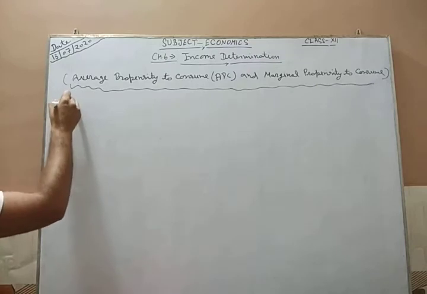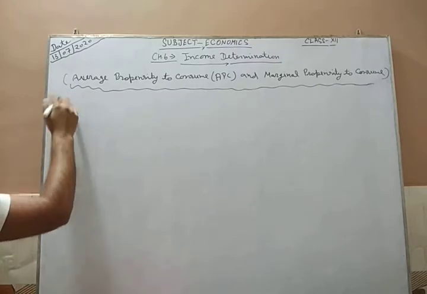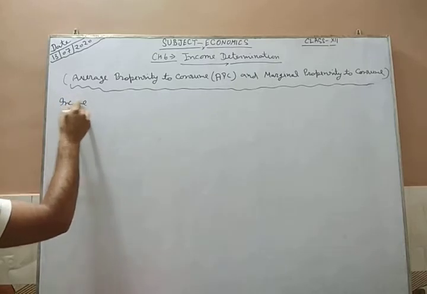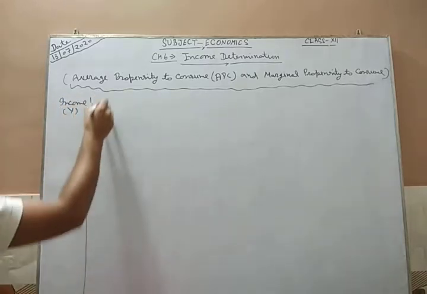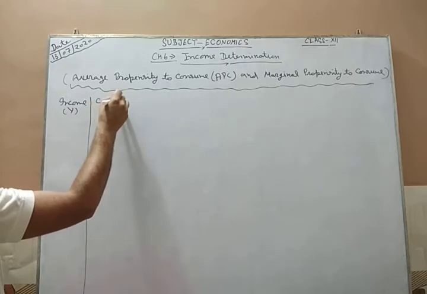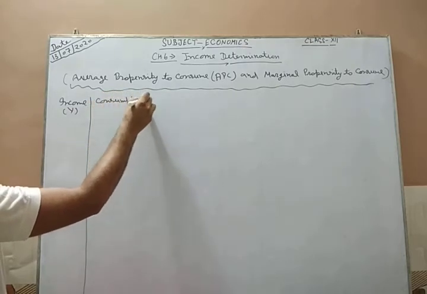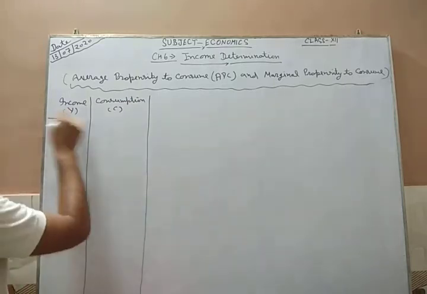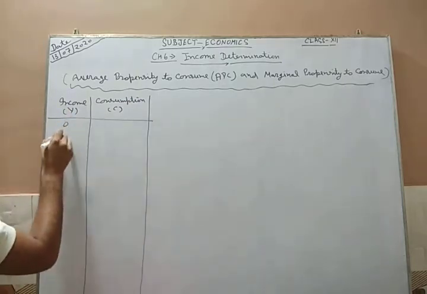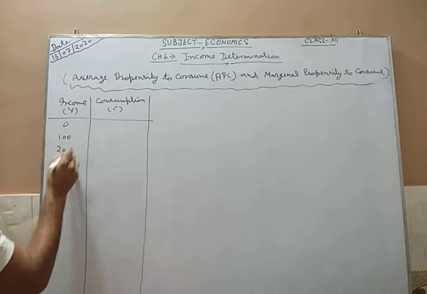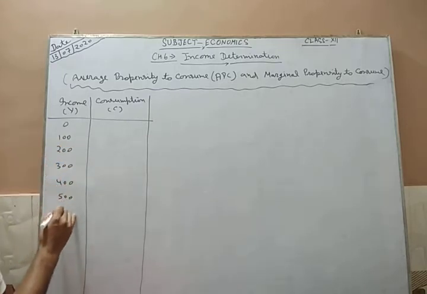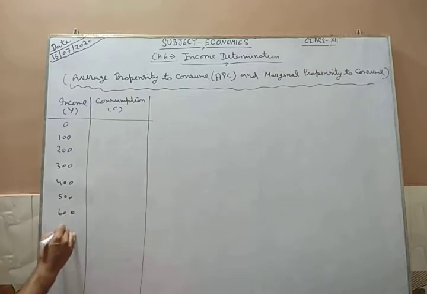This is income, that is Y, and this is C. Let us take an example. Suppose 0, 100, 200, 300, 400, 500, 600, 700 and 800.